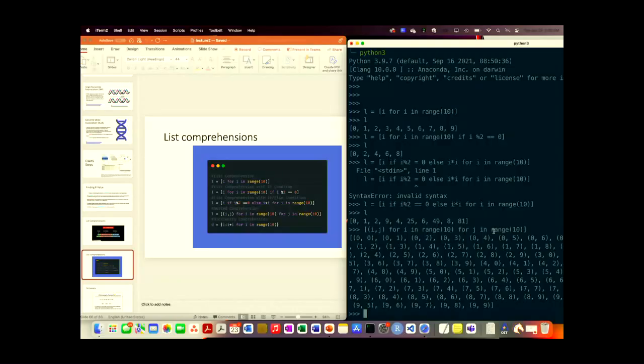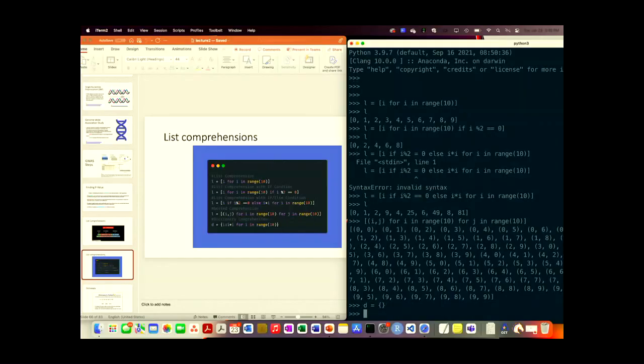We can also do a dictionary comprehension. Can anyone share what data structure a Python dictionary is based on? So a Python dictionary, we can define an empty dictionary.